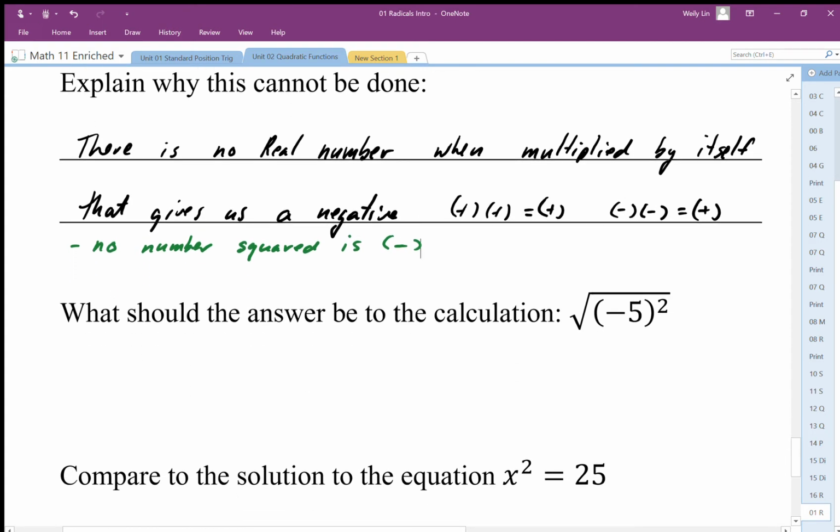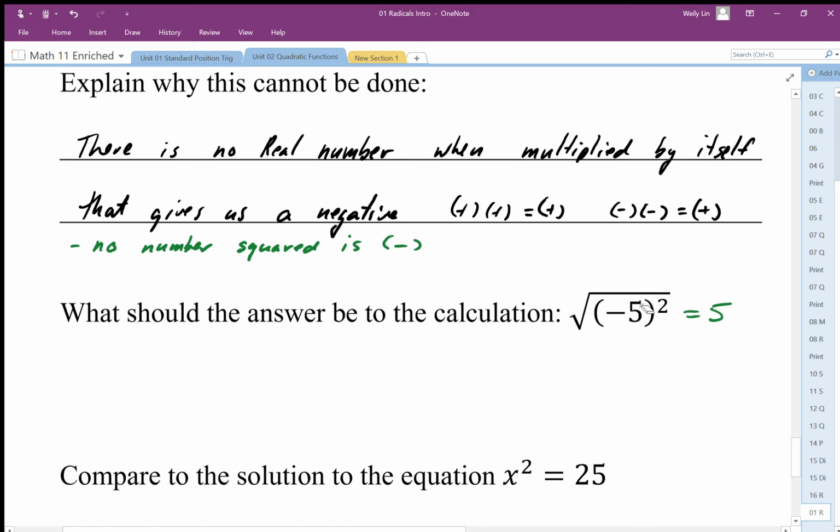However, this one here, if we just follow the BEDMAS calculations, negative 5 squared is positive 25, and the square root of positive 25 should be 5. Which is true, because remember this is a principal square root and it gives us a side length of a square.